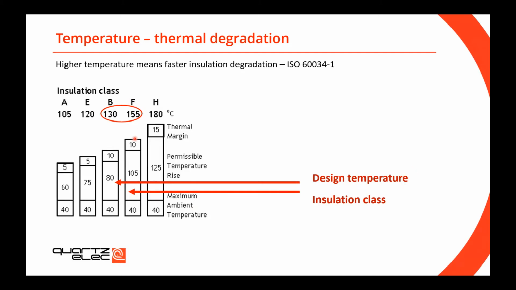They will put class F insulation system into the rotor, and yet they will design the rotor winding so it doesn't run with the temperature higher than 130 degrees, which is the class B. And thanks to that, we can buy that extra 25 to 30 years. So it's something you don't really have influence over, but we as design engineers, we can actually do it for you.